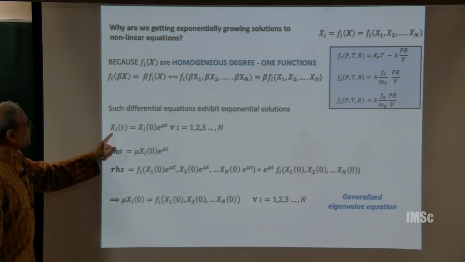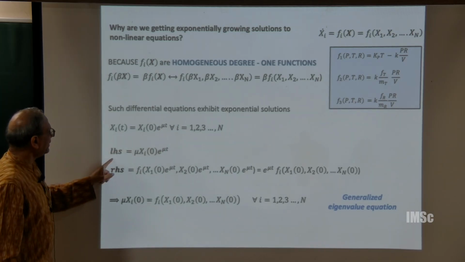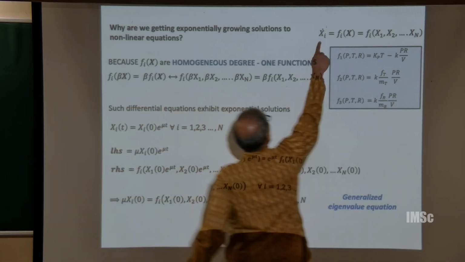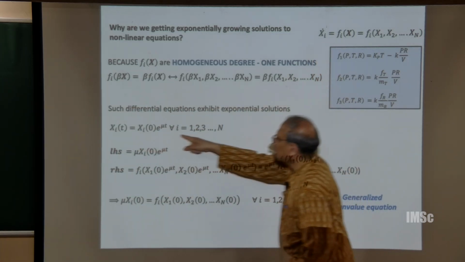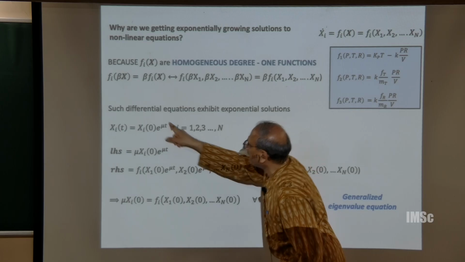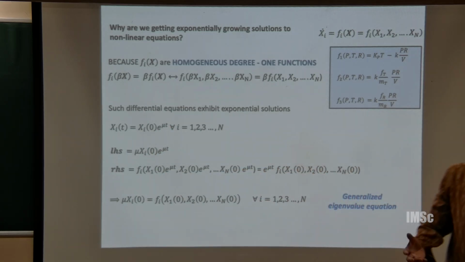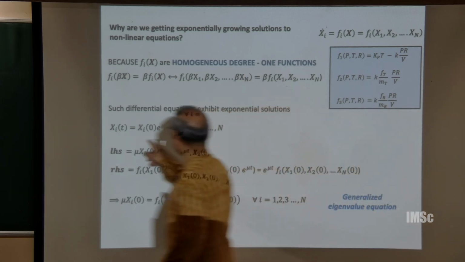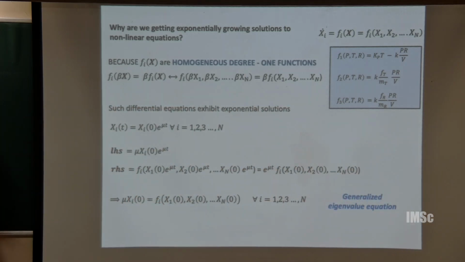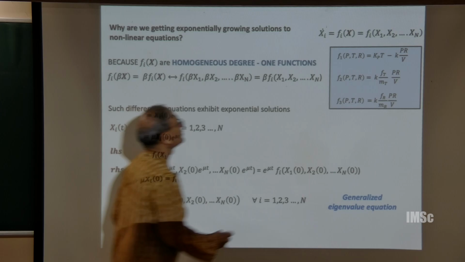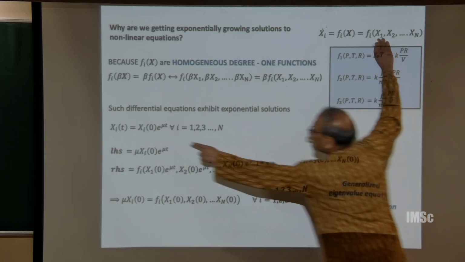So, if this is your ansatz, then dxi by dt, you can immediately do here. That is simply mu times this whole thing, mu times xi of t. The left hand side is just mu times xi of t. And the right hand side, of course, you have to put in each one of these terms.